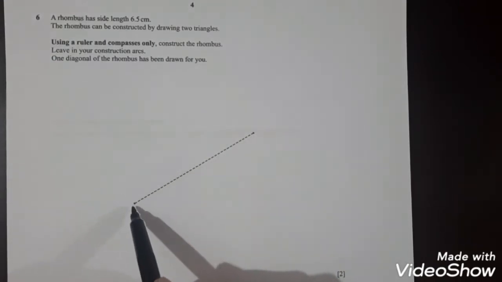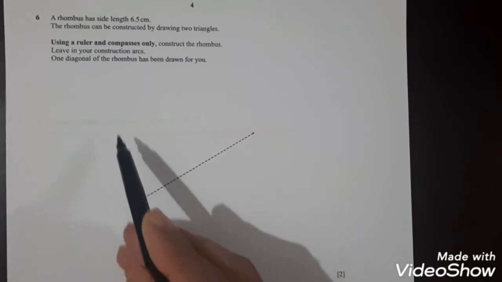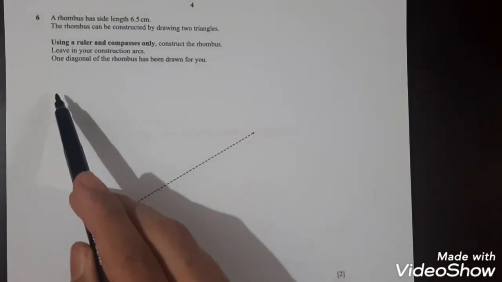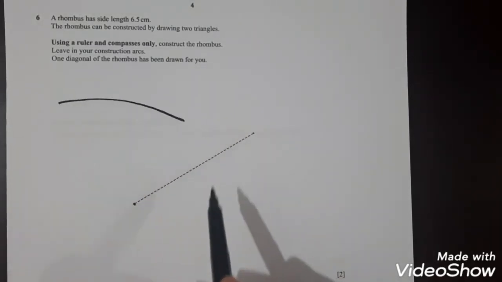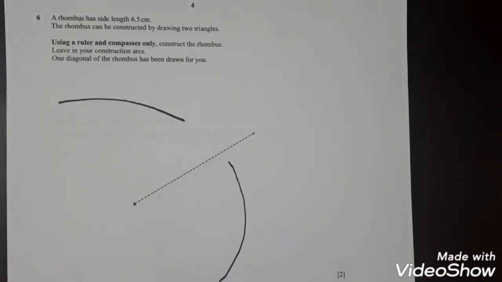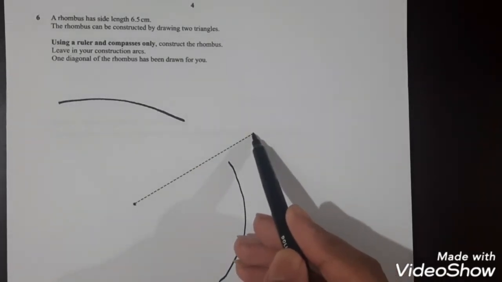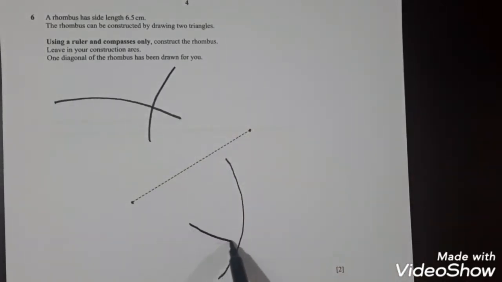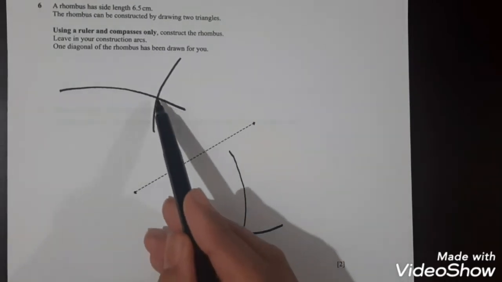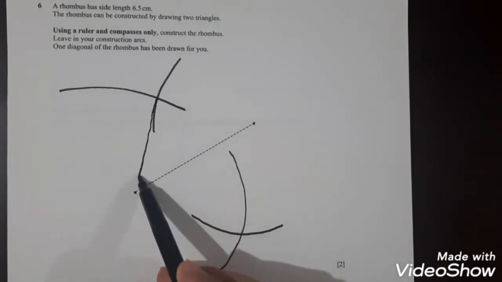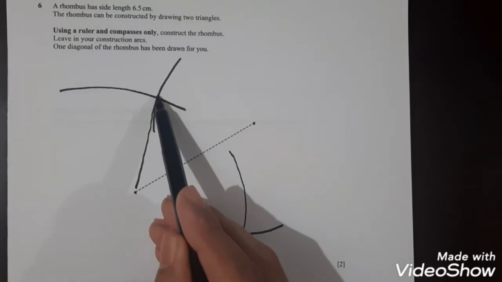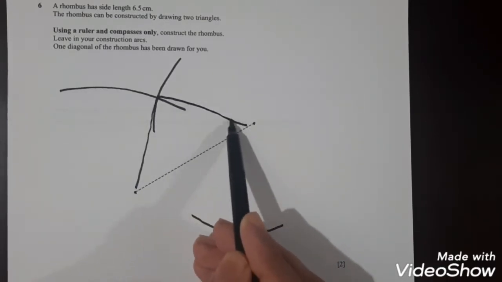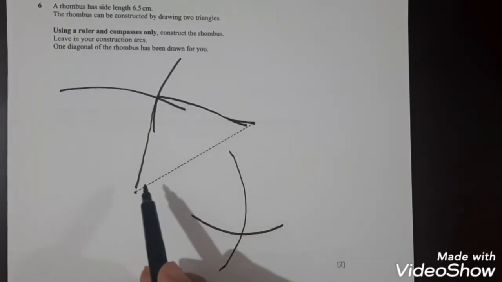Draw an arc from this point of 6.5 centimeter, for example over here, and from here. Then we will put the compass over here and draw another arc from here and from here. I'm just showing an example. Then we will connect this point from the intersecting arc to the perpendicular line.